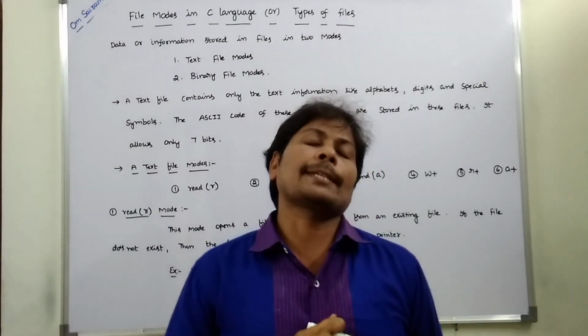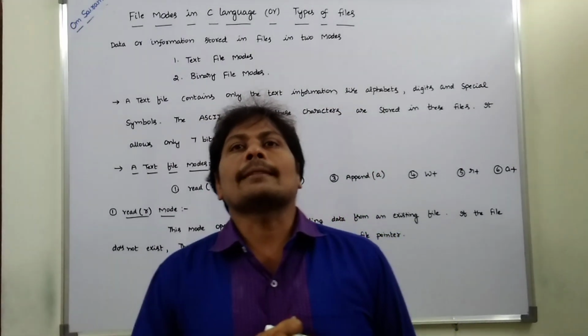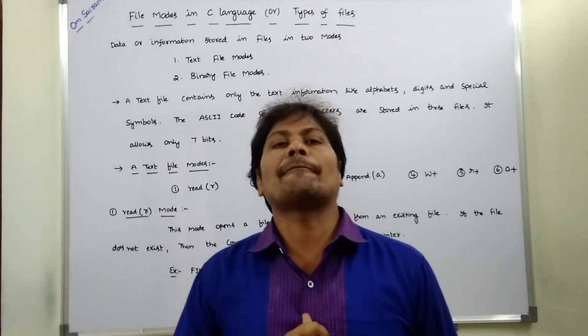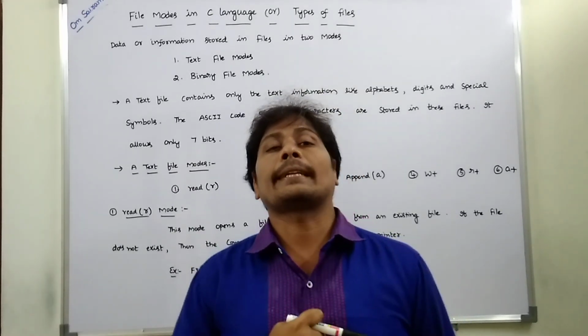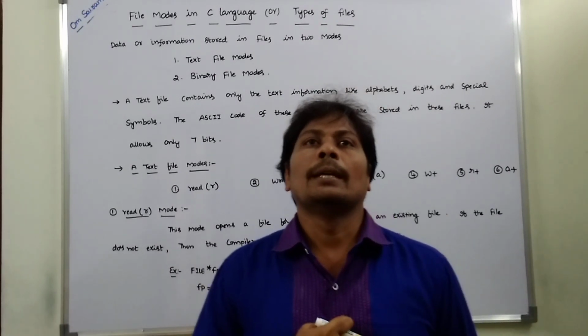First one is text file modes. The text file contains information, and that information is formed with alphabets, digits, characters and special symbols.